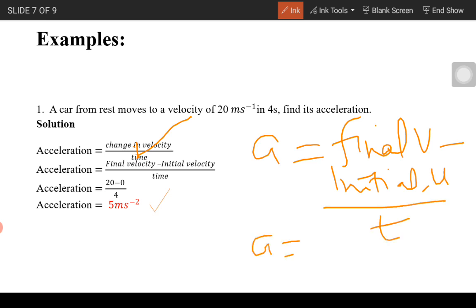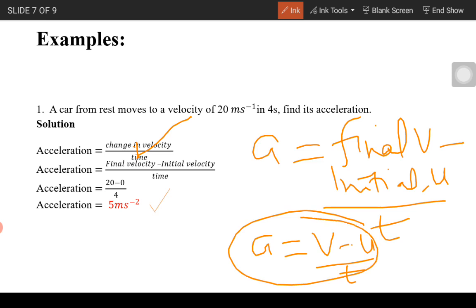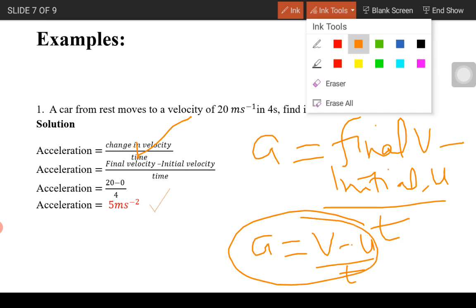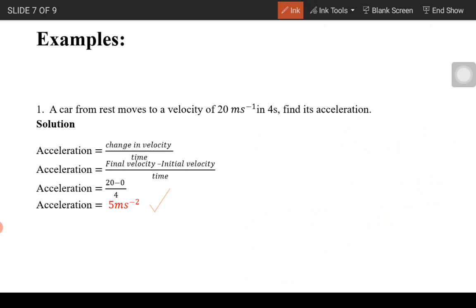So we normally use the formula v minus u out of t, which will later give birth to the first equation of motion at a later time. So we are saying acceleration is equal to v minus u out of t. v is the final velocity.